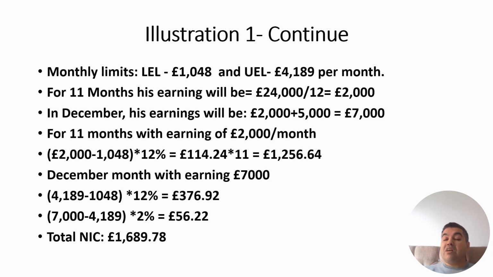So between £1,048 and £4,189, the rate will be 12%, and then any money above £4,189 until £7,000, because in that one month he received the bonus as well, is charged at 2%. So you add it up, and the total NIC gives you £1,689. This computation might change because UK taxation changes each year. So that's how to calculate.